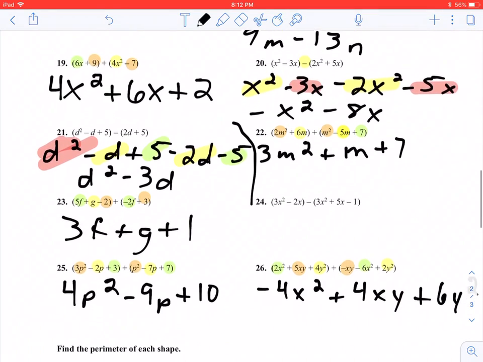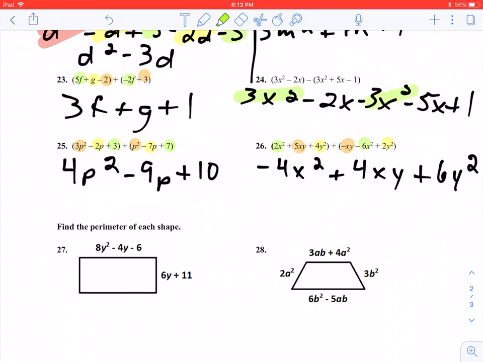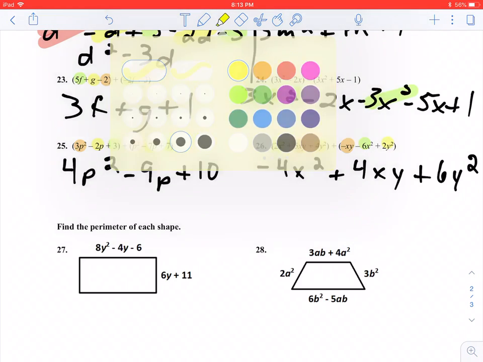Moving to the next one, which is number 24. Same as the last ones. We've got to distribute that negative first. So we have 3x squared minus 2x minus 3x squared minus 5x plus 1. 3x squared and negative 3x squared are like terms.